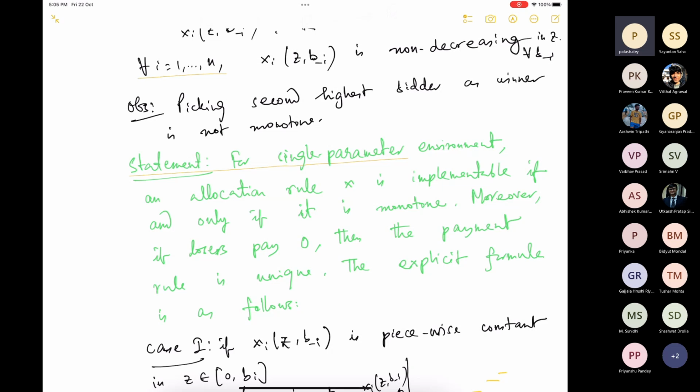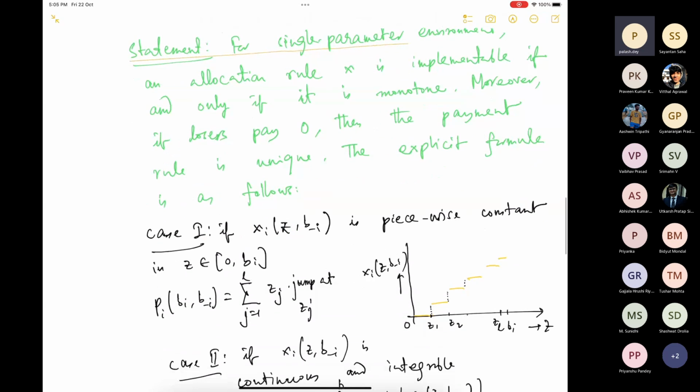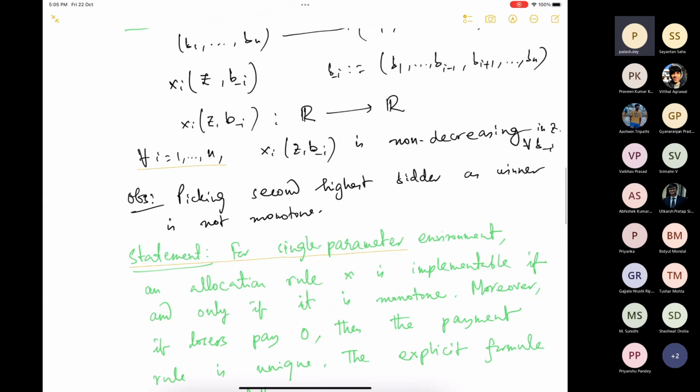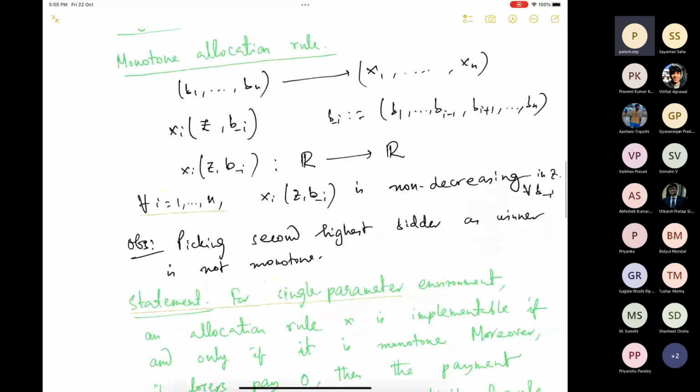Now, what do you mean by monotone? For each player i, you fix the bid values of all other players, and you see the allocation of player i as a function of z, the bid of player i, and this function xi in the parameter z should be non-decreasing. In plain English, increasing the bid value should not lead any bidder to get less amount of stuff.